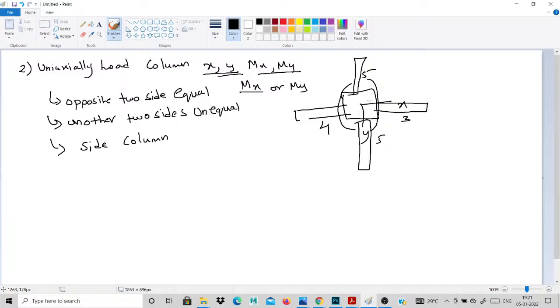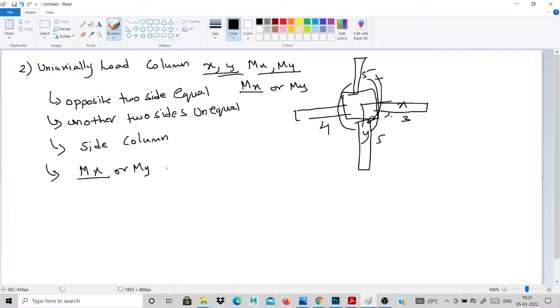One direction, x direction, will be equal and the y direction will be unequal. That is called uniaxial. Axial means x and y directions are the same. These are the two moments. Where the beams are equal in one direction, there is no moment in that direction, so the moment comes only from the other direction, where the lengths differ, and some moment is transferred to the column.